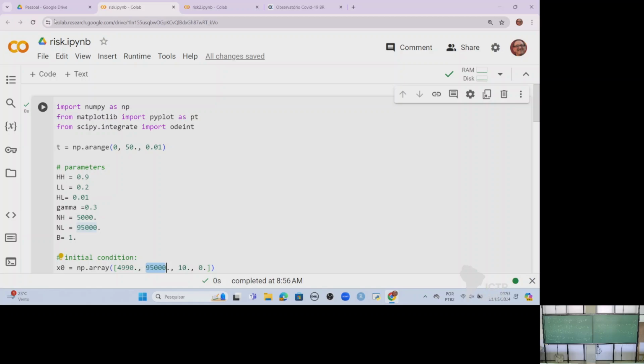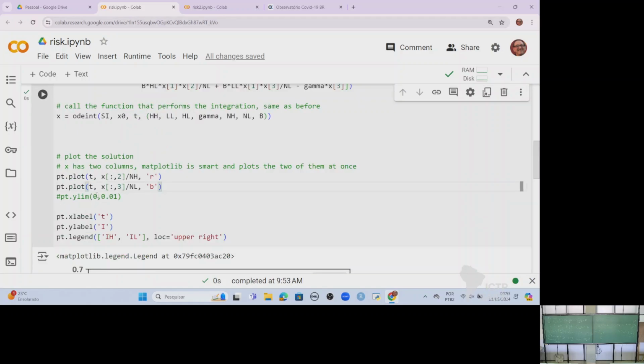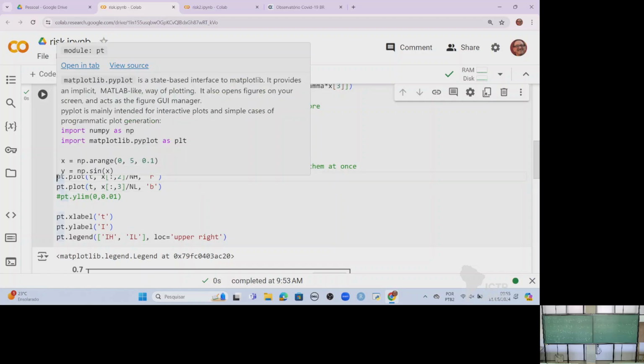The low risk group looks like it's 0, but if we plot only the low risk group, so let's comment this one here.